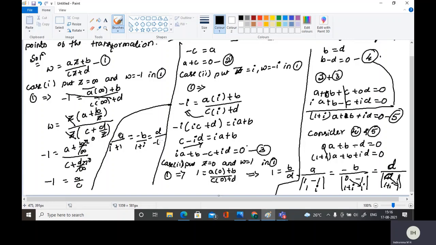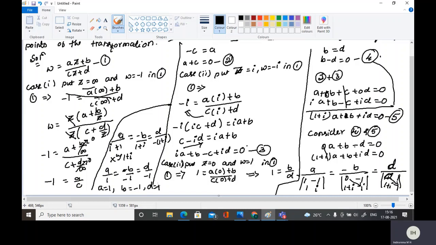We have 1 plus i in the denominator, so multiply by 1 plus i. So we obtain A by 1 is equal to minus B by 1 is equal to D by minus 1. Therefore, A is equal to 1, B is equal to minus 1 and D is also equal to minus 1.